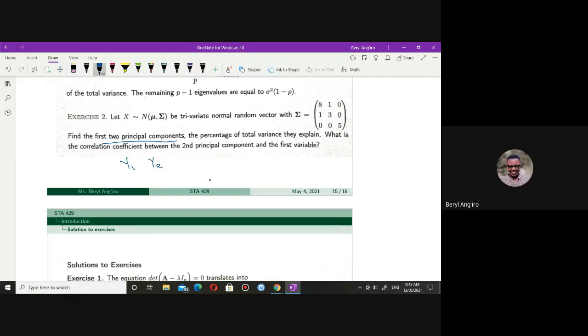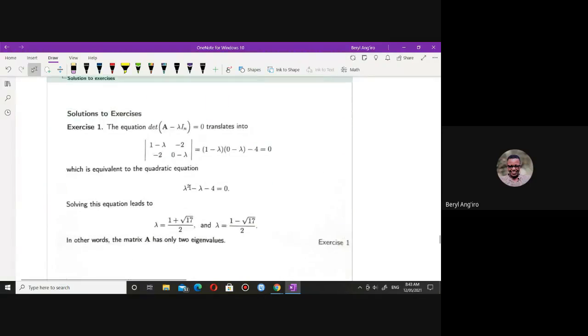Then the percentage of total variance they explain, that is the variance explained by y1 and by y2, and the correlation coefficient between the second principal component and the first variable. So we have the solution.